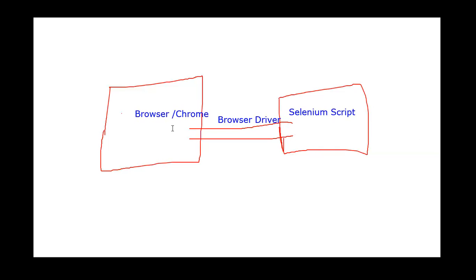The browser's native language cannot accept it. To make the Chrome browser understand the Selenium code, we need to have some intermediary, this bridge in between them.